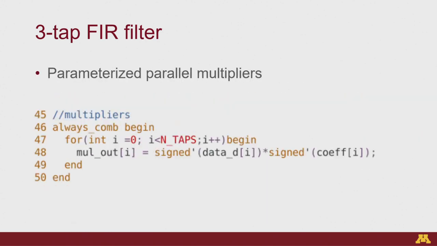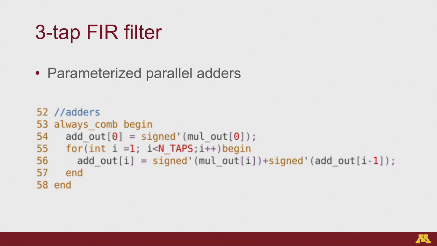With the exception of the very first case, which needs to just be the first result itself, and every other case will be the same index multiplier output plus the previous adder's output. So now you can see how we can design the entire 3-tap filter with very simple blocks once we have parameterized the entire design.